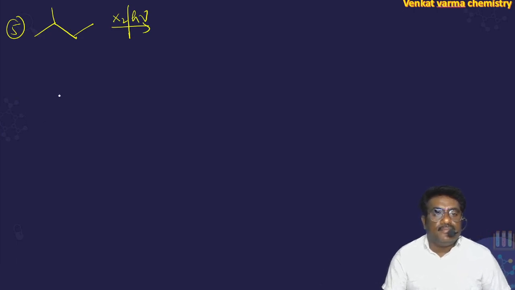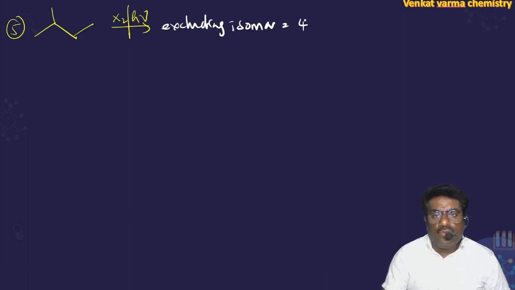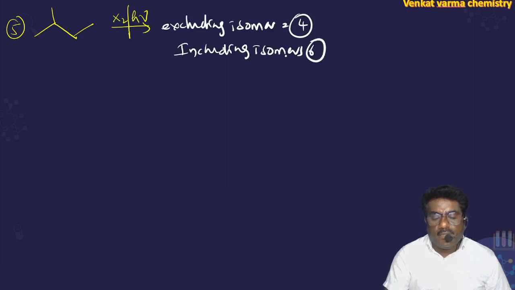See. How many isomers are possible, excluding isomers and including isomers? Excluding isomers are 4 and including isomers are 6. So I'm explaining this example.